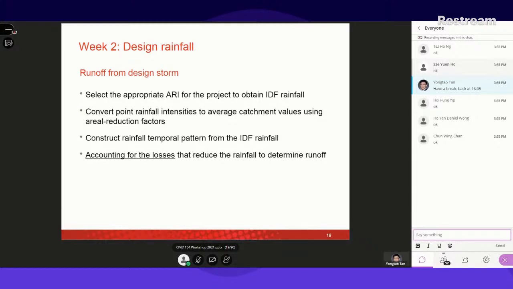Next, about runoff from design storm. Normally we will select the appropriate ARI for the project to get the IDF rainfall, as I just mentioned. When selecting the ARI of a design storm, we have some factors for consideration.